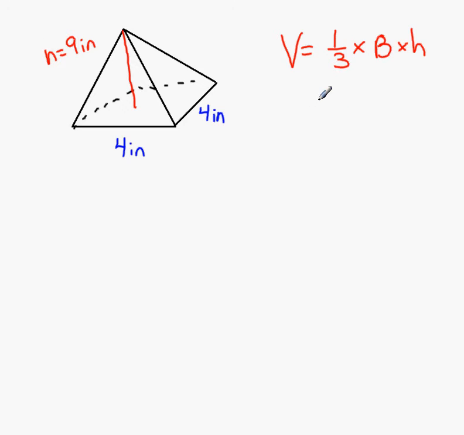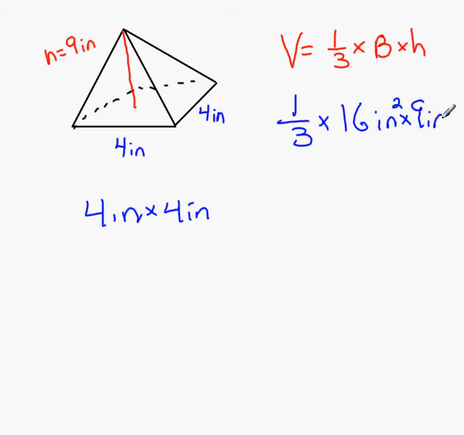Okay, so you start with 1/3, and you're going to multiply it by the area of the base. Well, our base is a square, so we're going to take 4 inches times 4 inches, and that gives us 16 inches squared. And we're going to multiply that by our height, which is 9 inches. So we need to take 16 times 9, that's 144 cubic inches.